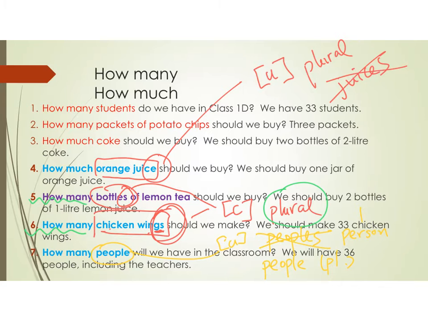We say one person, three people. So always remember, with how many, we use the plural form of countable nouns, but with uncountable nouns, we do not have a plural form. And also remember, people is already the plural form.